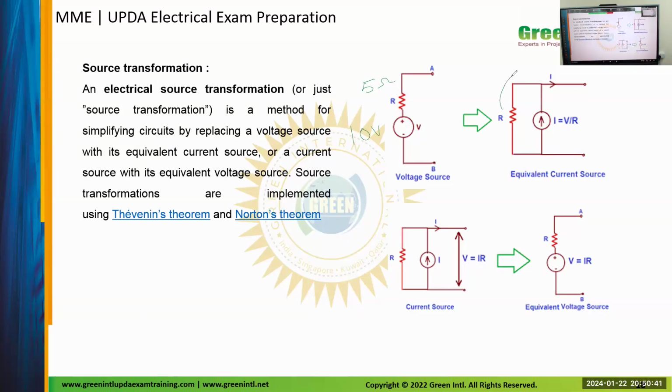As I told you, in the Thevenin and Norton circuits, RTH and RN are the same. So the value of R is 5 ohms. And we need to find the current. How to find the current? I is equal to V by R, so 10 by 5.